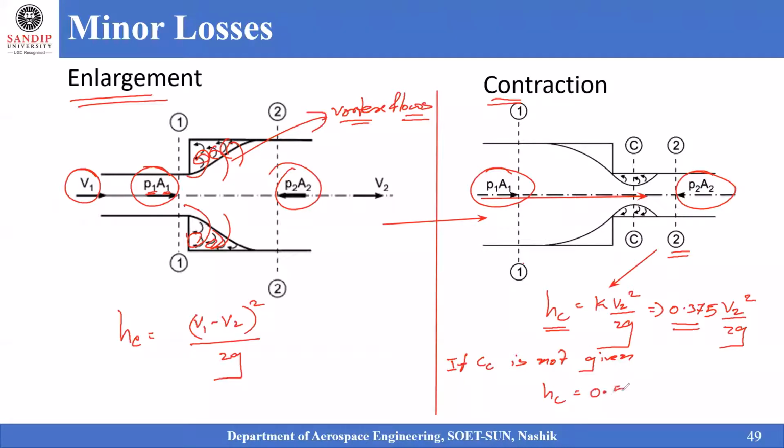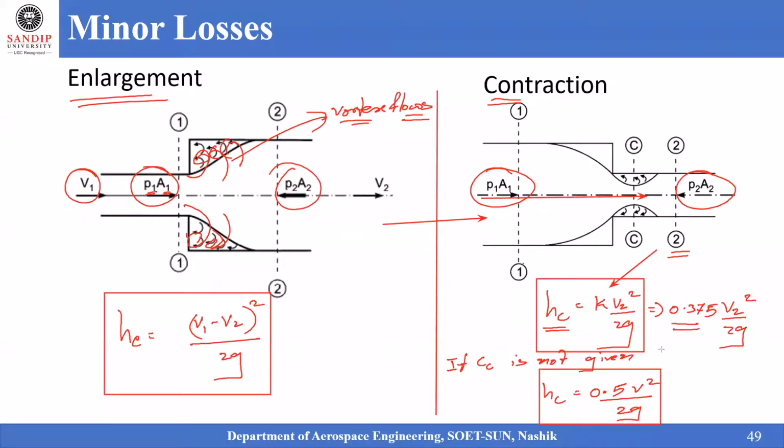They can directly substitute it and write the formula as 0.5 V square by 2g. So the user is free to assume this expression when the contraction factor K is not given in our numerical.